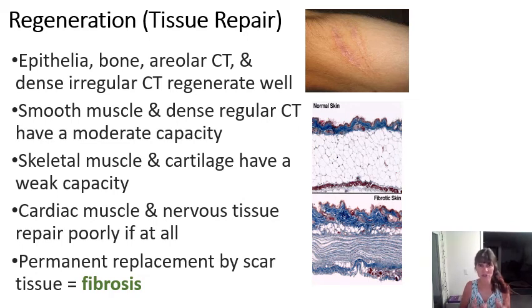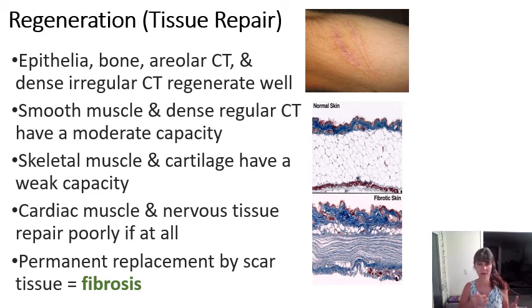Skeletal muscle tissue and cartilage have a relatively weak ability to regenerate. Skeletal muscle would be a little bit better than cartilage. Cardiac muscle tissue and nervous tissue repair poorly, if at all, simply because those cells do not undergo mitosis.